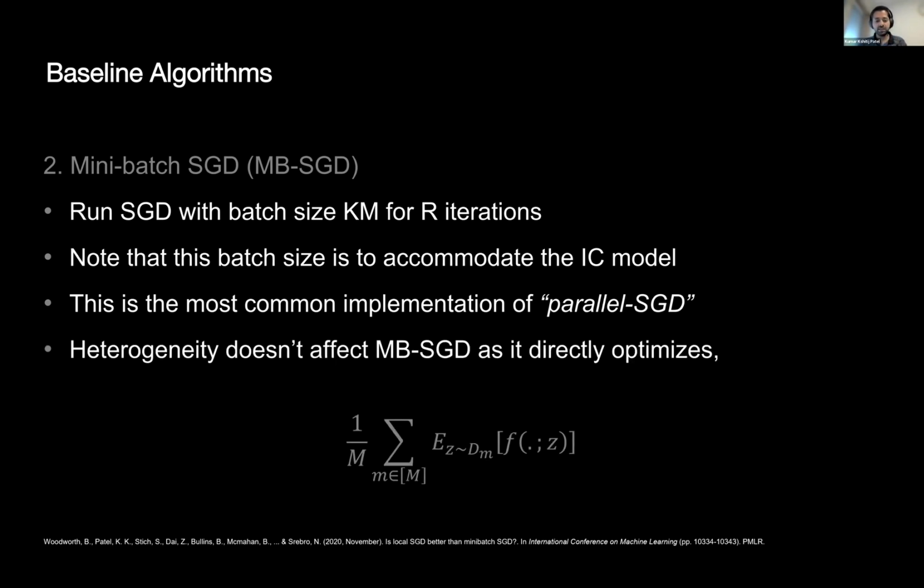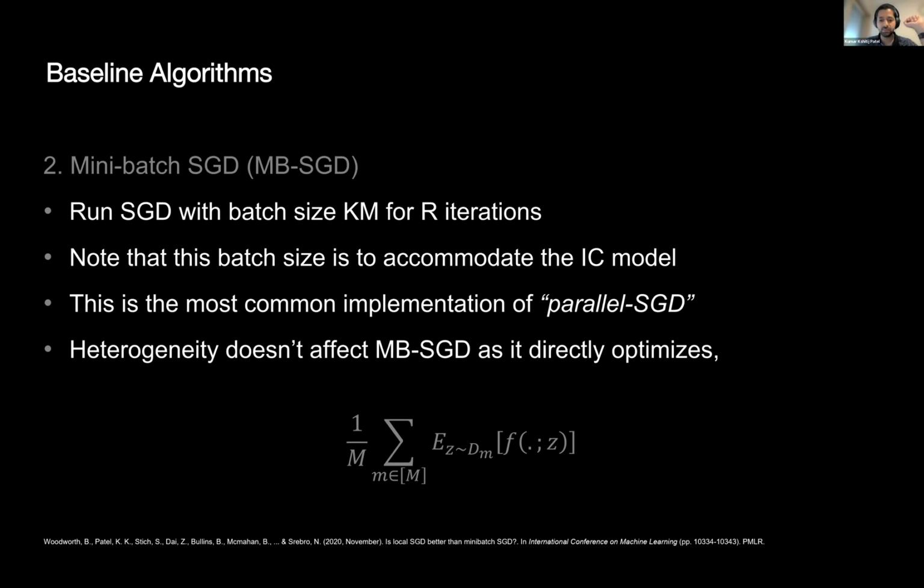The interesting thing about this algorithm is that minibatch SGD is not impacted by heterogeneity, or how different the client distributions are, because you are directly getting stochastic gradients of the average objective. You're not differentiating between the machines, you're just getting the gradient at the same point and averaging it. So it almost acts as if you're getting the stochastic gradient for the average objective, not for a single machine per se.